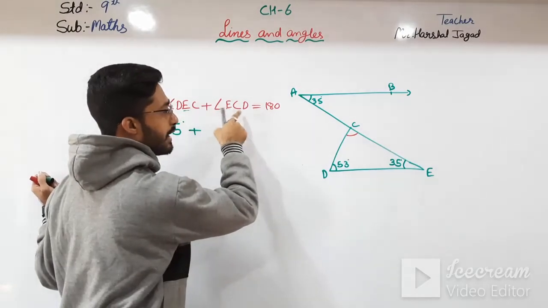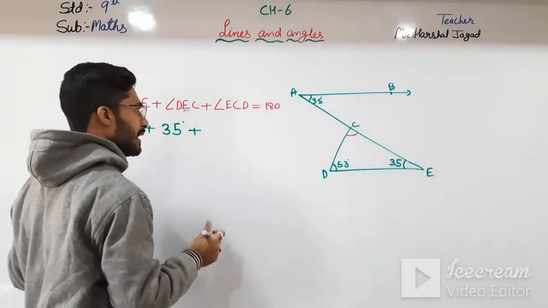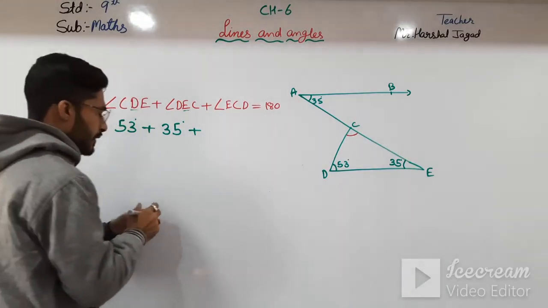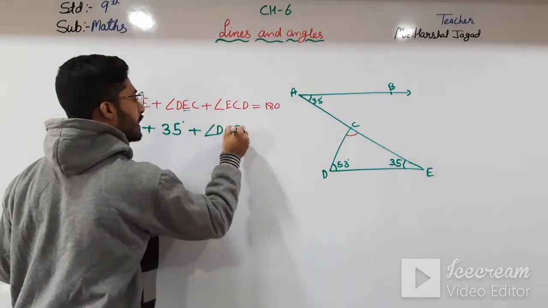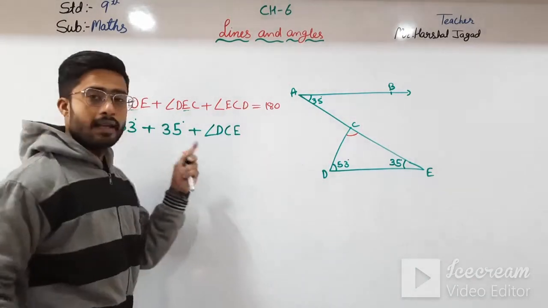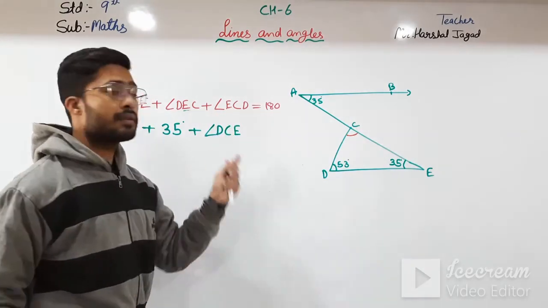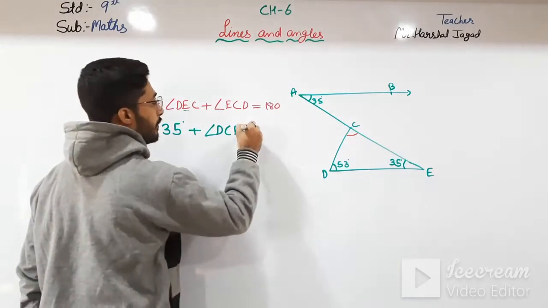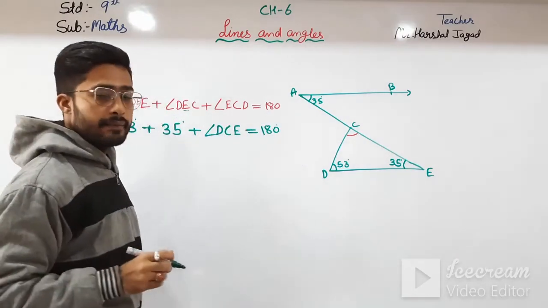We can write DCE or ECD, both are the same. So I am writing angle DCE is equal to 180 degrees.